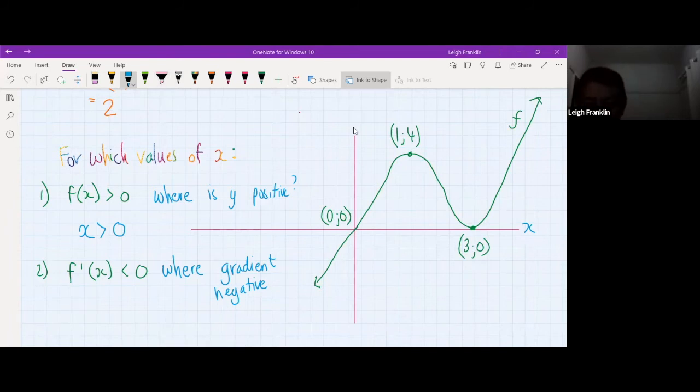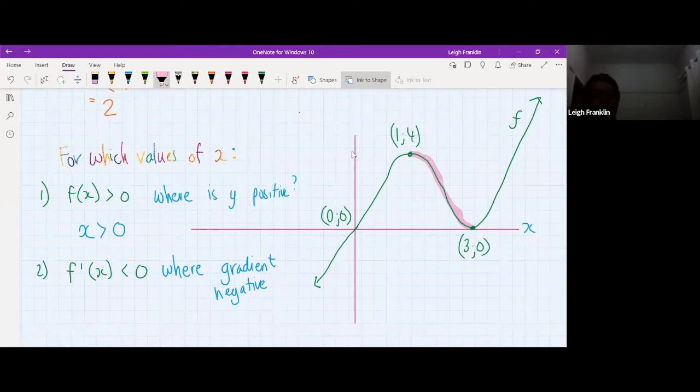Okay, let's see if we've got an answer here. Between 1 and 3, Belinda, you are right. We're not talking about concavity just yet, we're talking about where gradient is negative. Gradient is negative between our turning points. This is where we would be walking downhill.